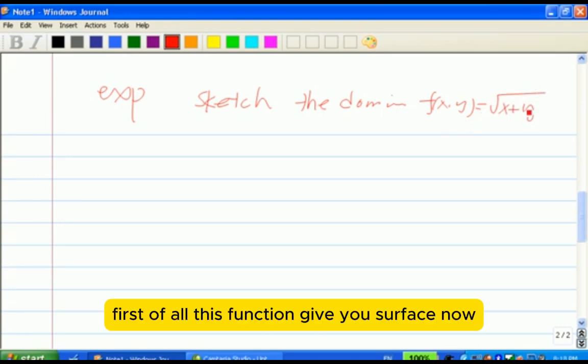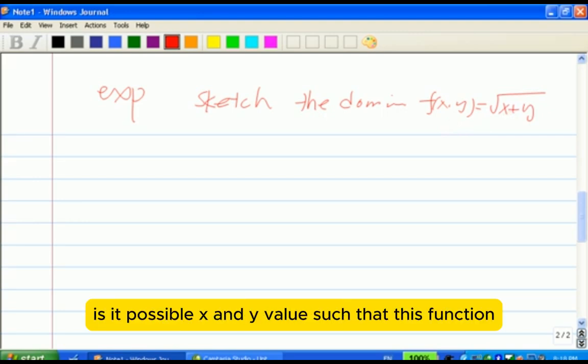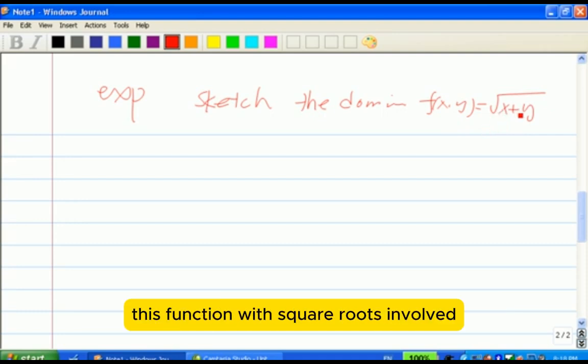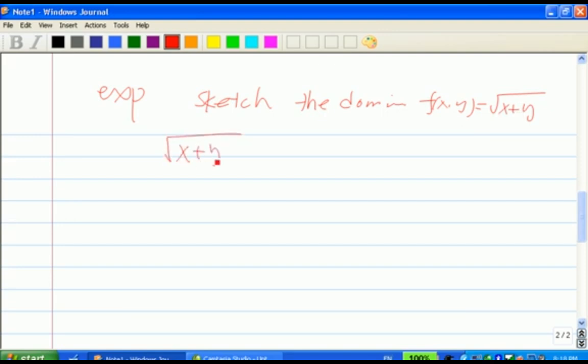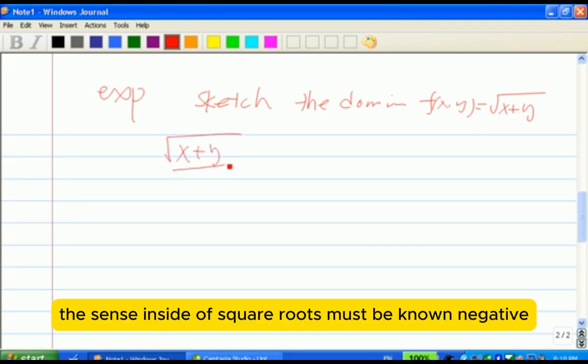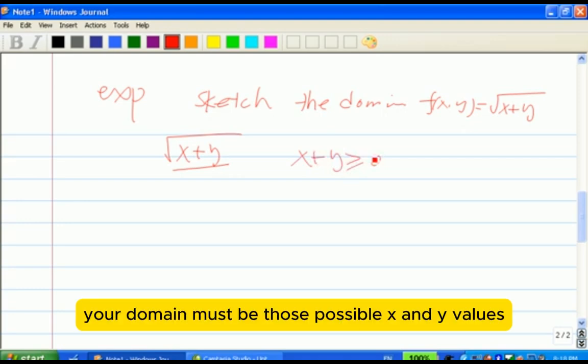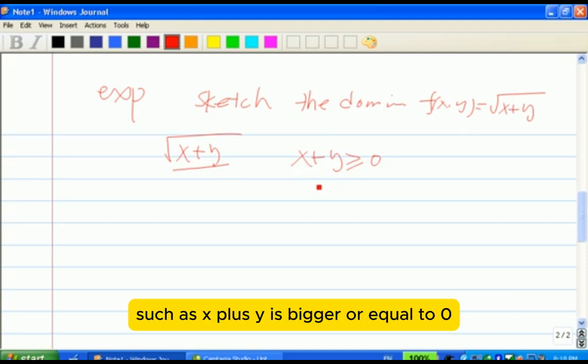First of all, this function gives you a surface. Now its domain is the possible x and y values such that this function is well defined. Again, this function has a square root involved. So therefore the expression inside the square root must be non-negative. Therefore your domain must be those possible x and y values such that x plus y is bigger or equal to 0.